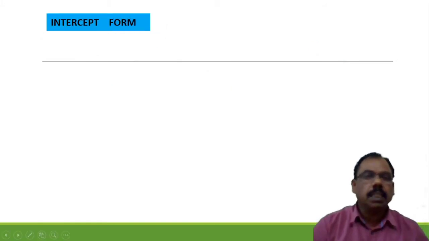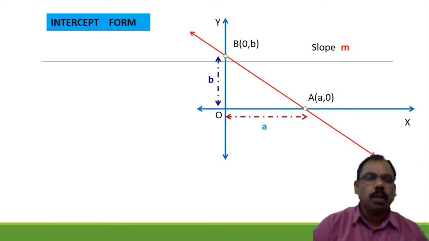The next is the intercept form of the equation of a straight line. This can also be known as the double intercept form. We have a line L whose x-intercept is given to be a and y-intercept is given to be b.